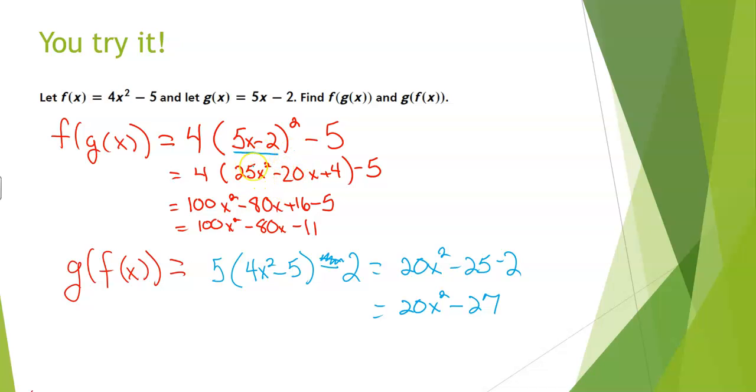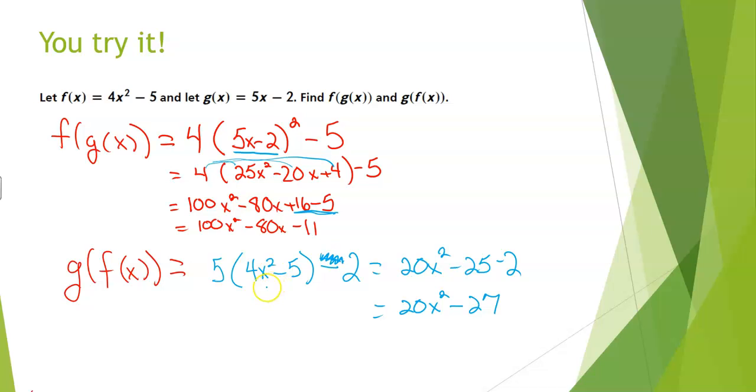And when I square that, again, you can use your box method, FOIL, or however you want to do it, or know that a squared is 25x squared, and 2 times a times b, negative 2 times 5x is negative 10x, and 2 times that is negative 20x, and then negative 2 squared is 4. And the biggest thing is you don't want to forget to distribute out this, and then combine the last terms here. I almost forgot that, so that's something you want to try to remember too.